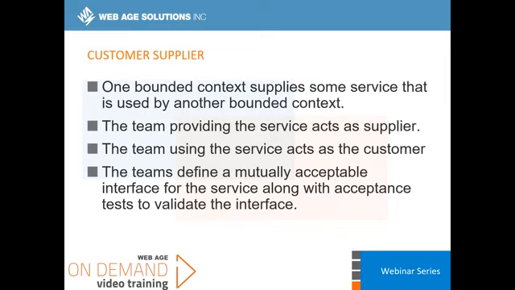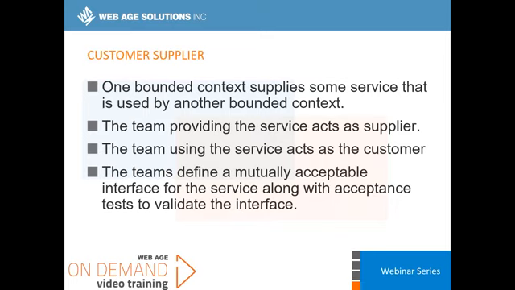Right? So the supplier team can do whatever they want to refactor their service, as long as they don't change the user interface, whether it's a graphical user interface or more likely some sort of API.